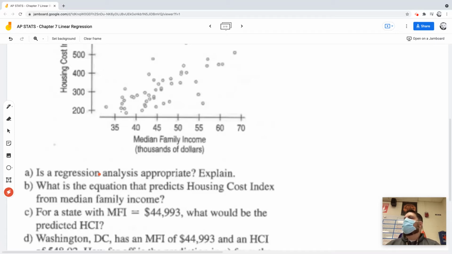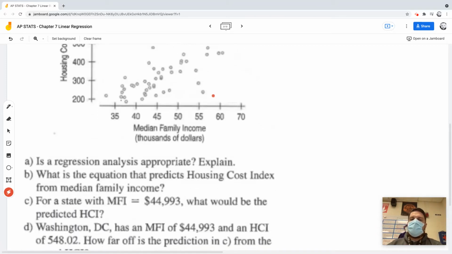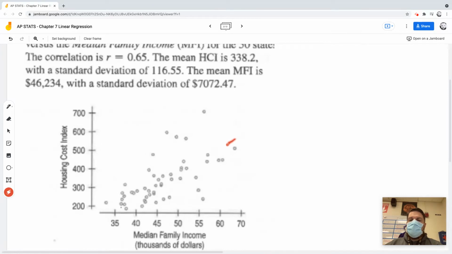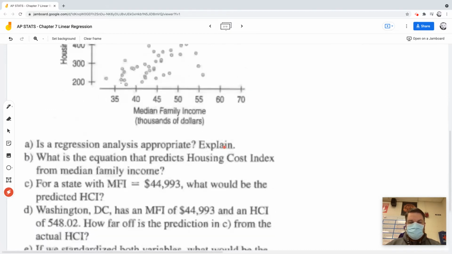If I expect the housing cost for somebody that makes $70,000 a year, my prediction will be somewhere in this region. But they might spend way more money, or they could choose to spend less money. It really depends on the individuals. But I have a base, and I have a way to measure about how far away from that base it is. Okay? So that's part A.